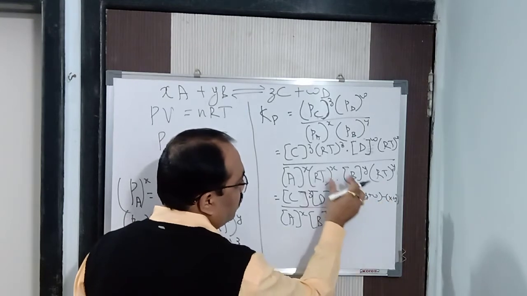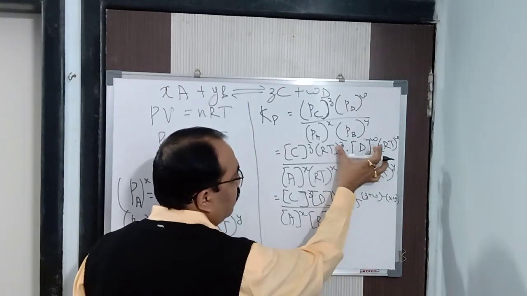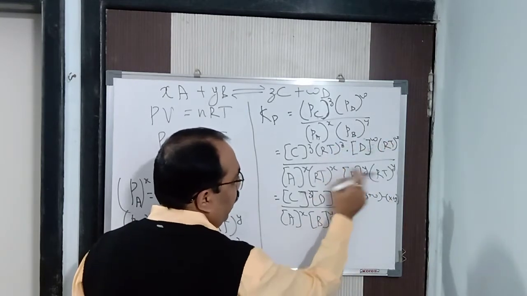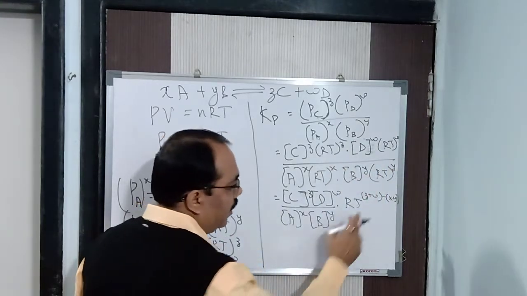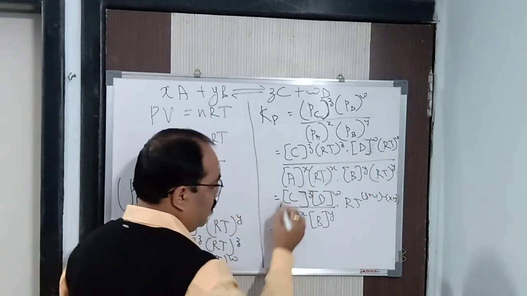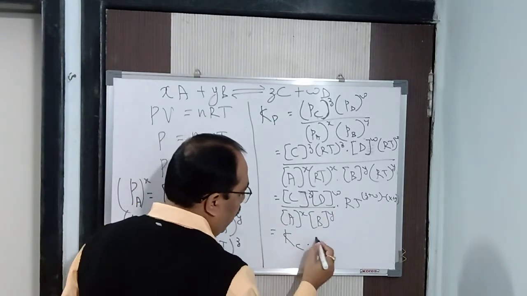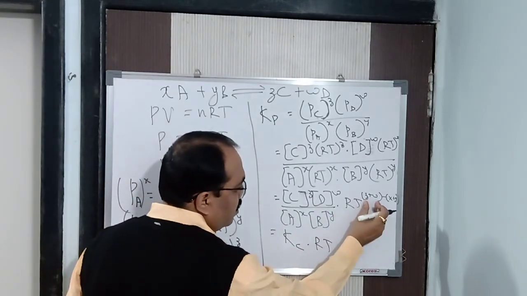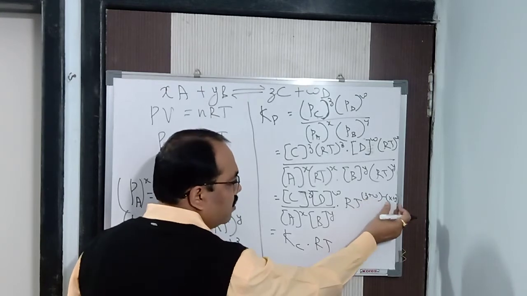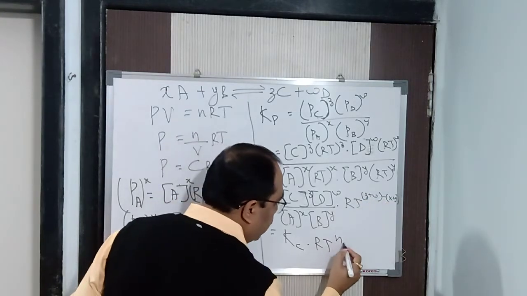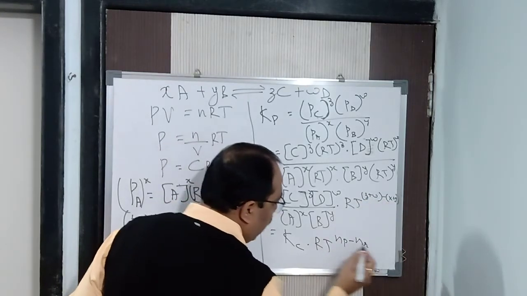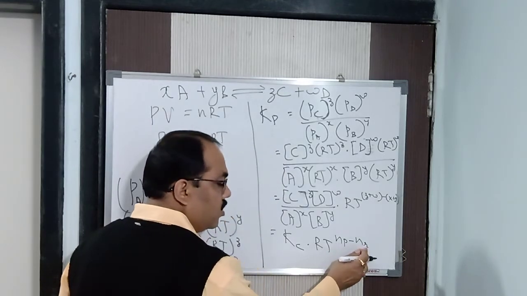Why is it x plus y? z plus w is nothing but the number of moles of the product, and x plus y is the number of moles of the reactant. Now what is this one? This is Kc, isn't it? So this is Kc into RT. As I said, z plus w is the number of moles of the product and x plus y is the number of moles of the reactant, so I can write np minus nr, the number of moles of the product minus the number of moles of the reactant.